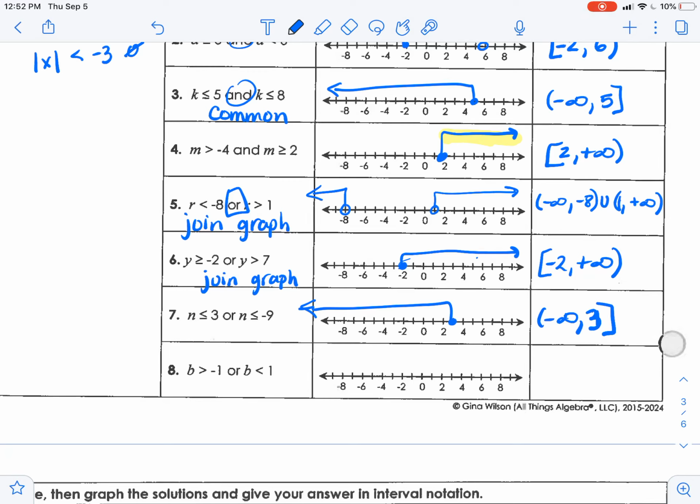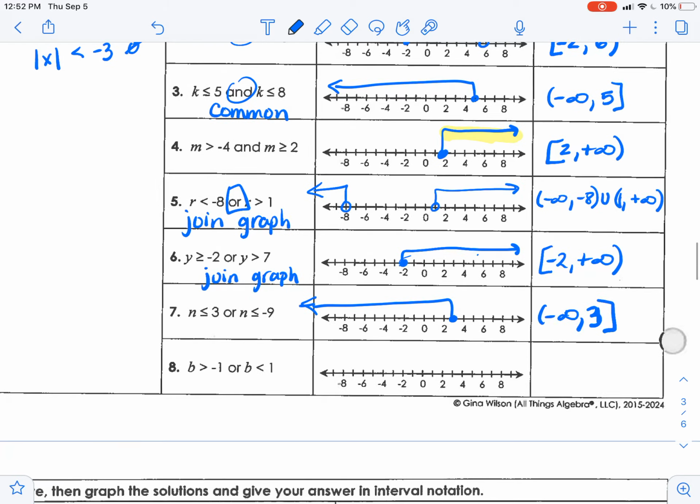Next, we've got everything greater than negative 1. We've got everything less than 1. And I'm joining these two graphs together. So when I look at this, I see numbers graphed here, here, here. There's a bunch of numbers graphed there.